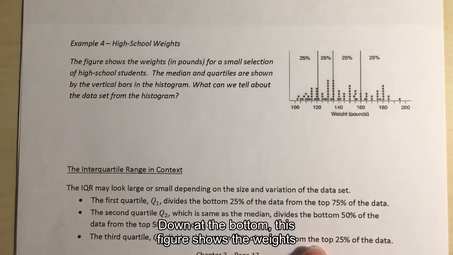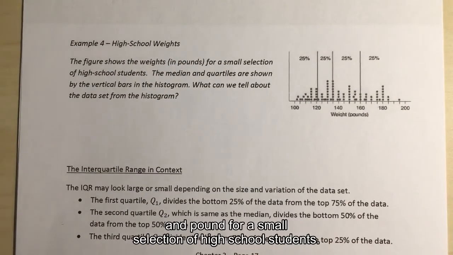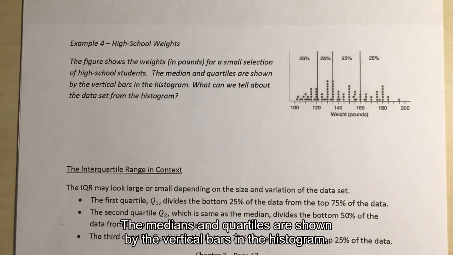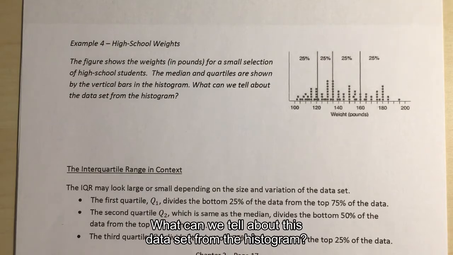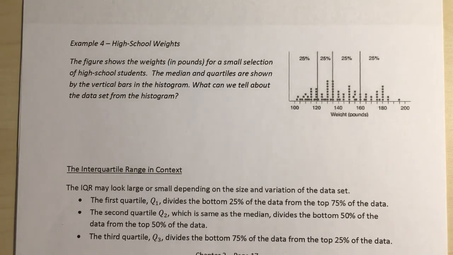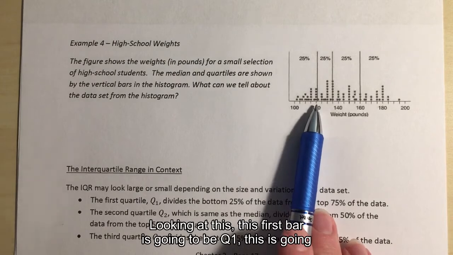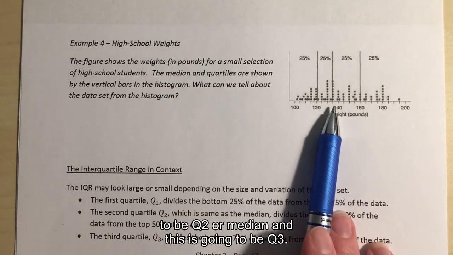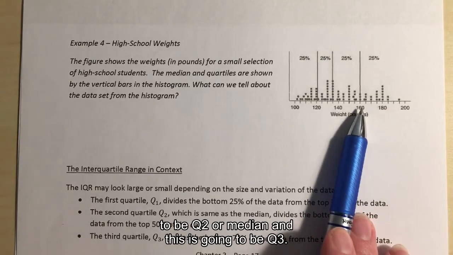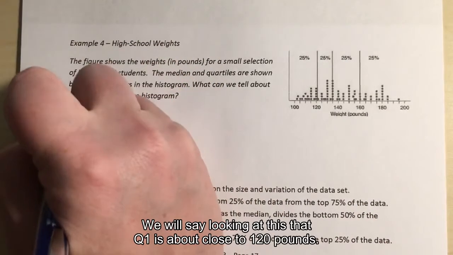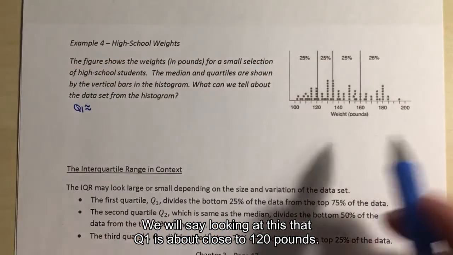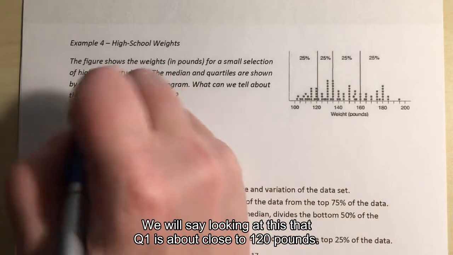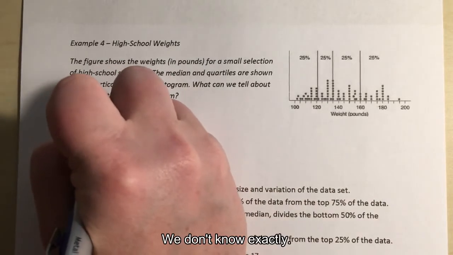Down at the bottom, this figure shows the weights in pounds for a small selection of high school students. The medians and quartiles are shown by the vertical bars in the histogram. What can we tell about this data set from the histogram? The first bar is Q1, this is Q2, our median, and this is Q3. Looking at this, Q1 is close to 120 pounds. We don't know exactly.